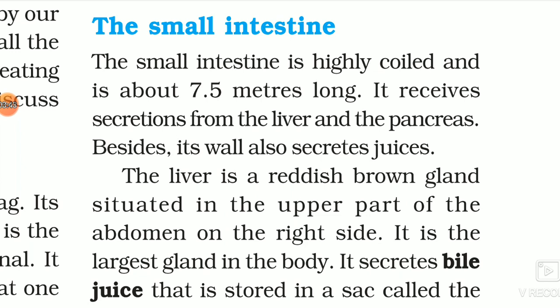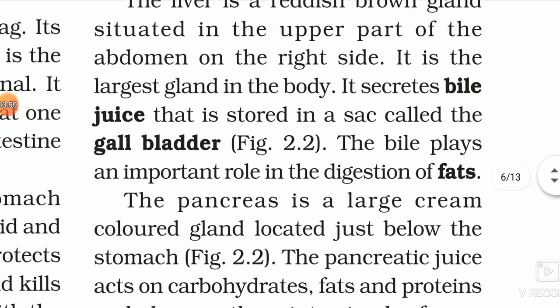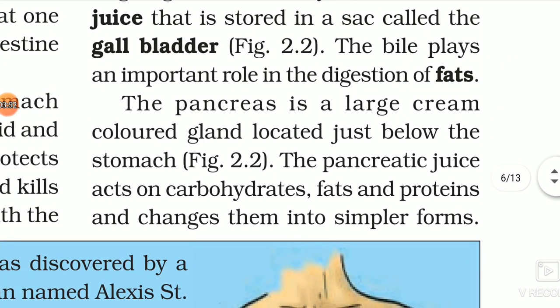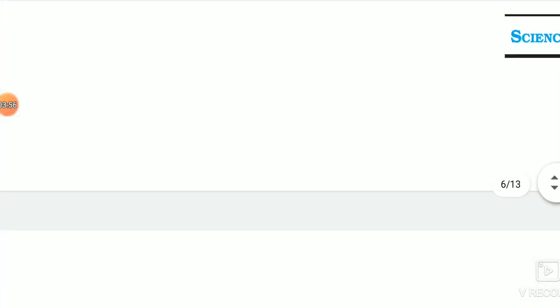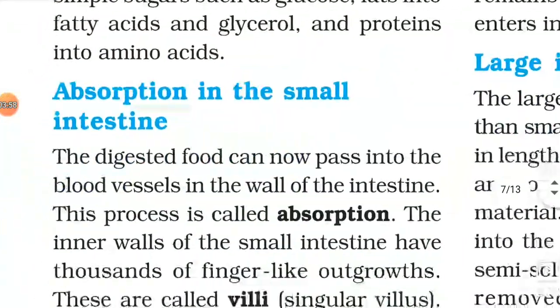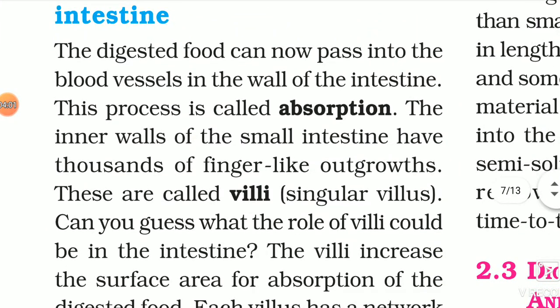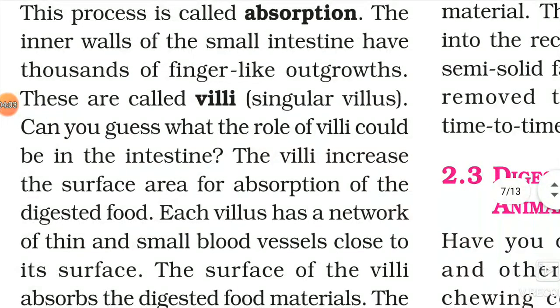What do the villi do? Whatever nutrients we get from the breakdown of the food get absorbed by the villi. Now the villi will pass the absorbed food on, and it will be transferred to the blood vessels.